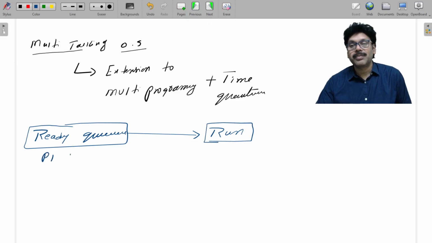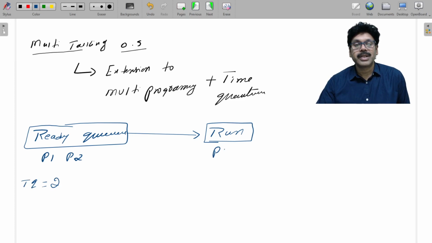Assume P1 and P2, two processes are available right now in the ready queue. We need to add a time quantum for them. Say the time quantum is 2 units of time, which indicates that P1 will be executed for some time with the CPU, then afterwards P1 is brought back to the ready queue after 2 units of time, then P2 will be dispatched.